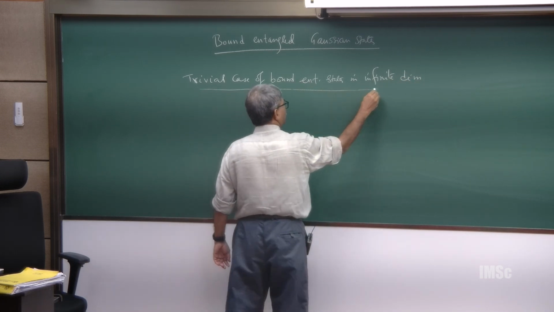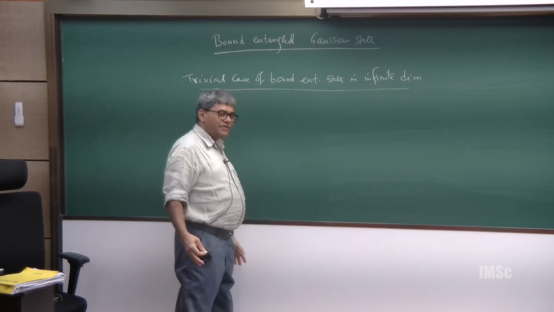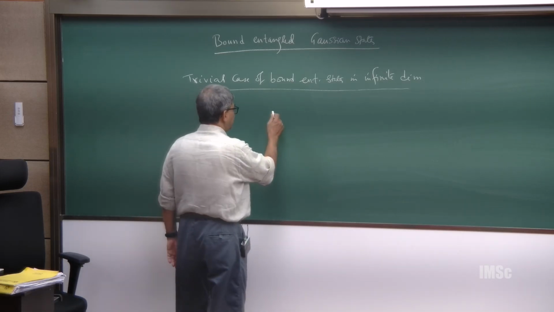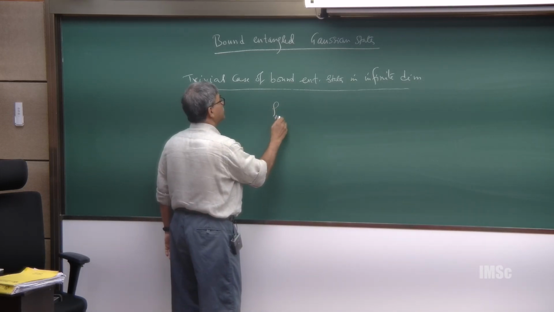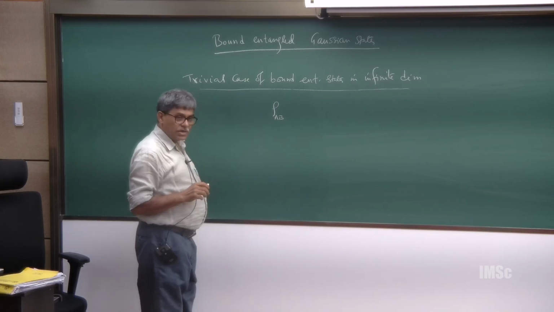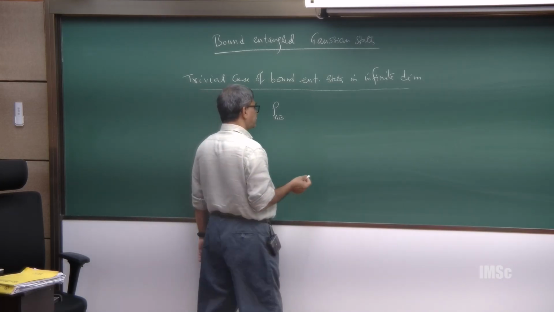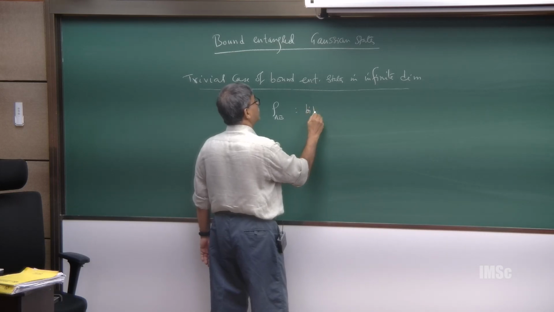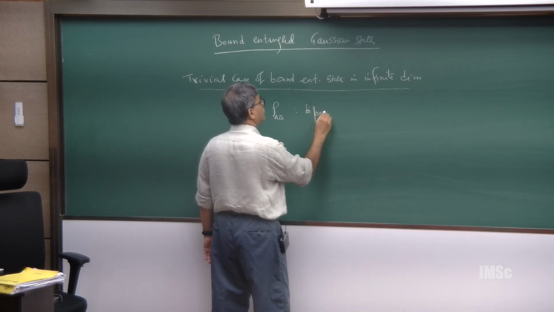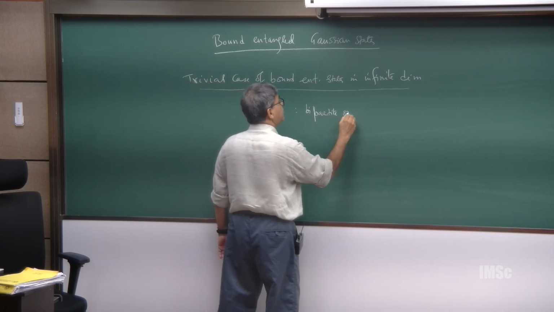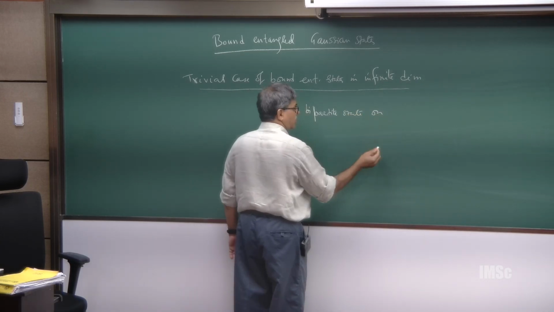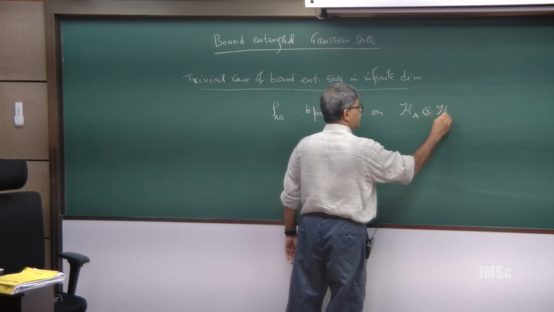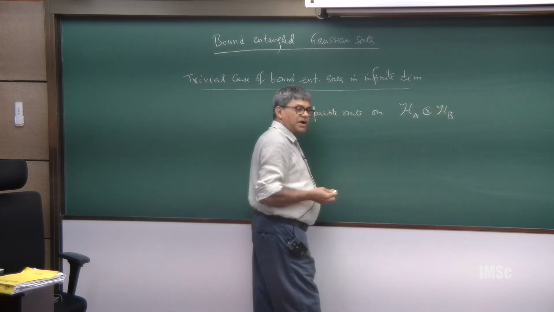Okay. So, let us take a bipartite state rho A B, on, let us say, H A tensor product H B, where both these are finite dimensional.